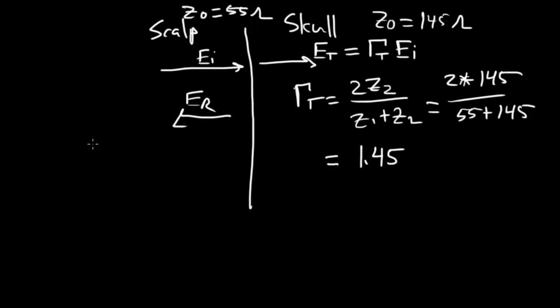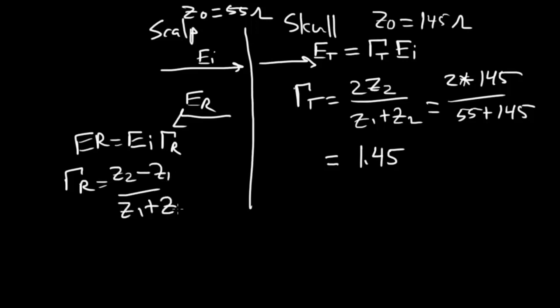E_R, which is the reflected going wave, E_R equals E_I times the reflection coefficient. We know the reflection coefficient equals Z2 minus Z1 over Z1 plus Z2.